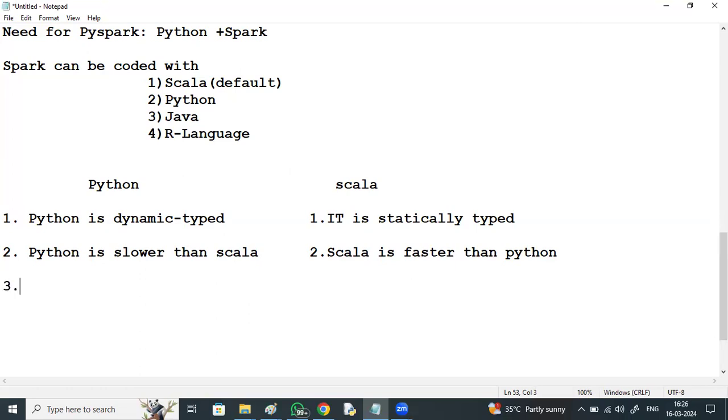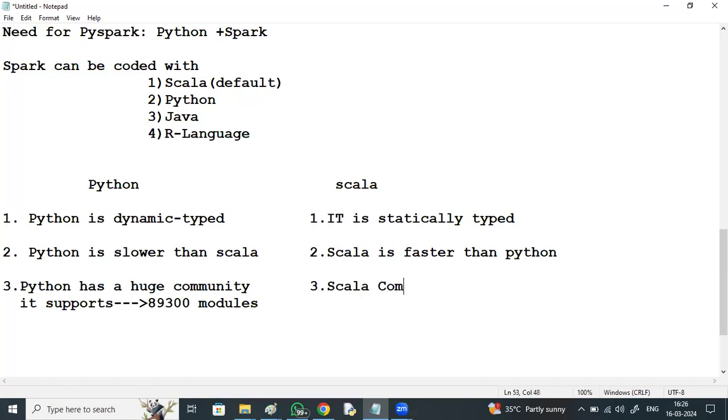Apart from that, Python has other advantages. Python has a huge community. It supports nearly 89,300 inbuilt modules for different environments, whereas the Scala community is smaller compared to Python.